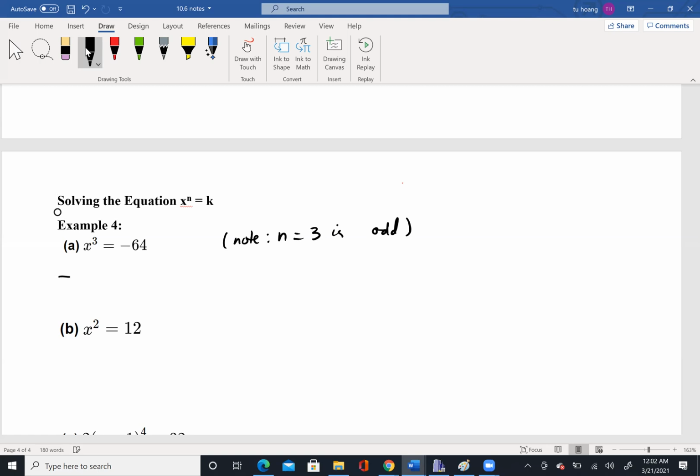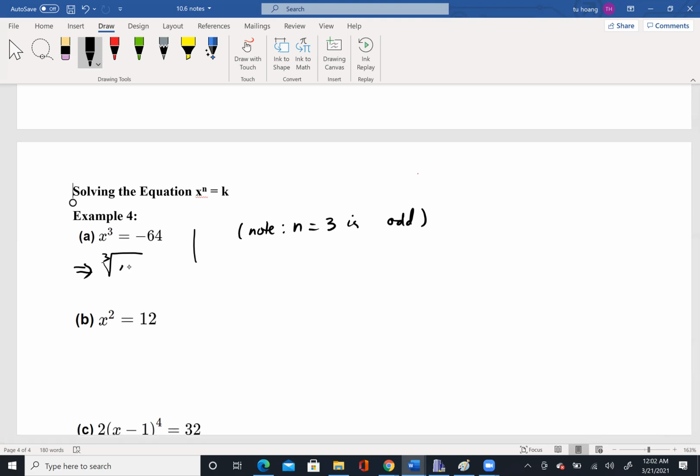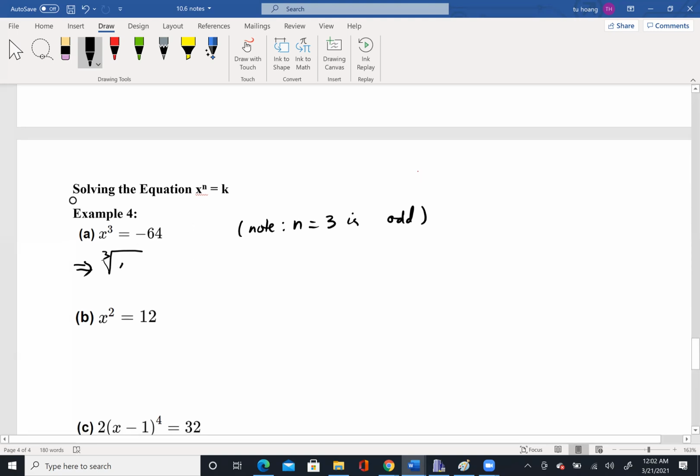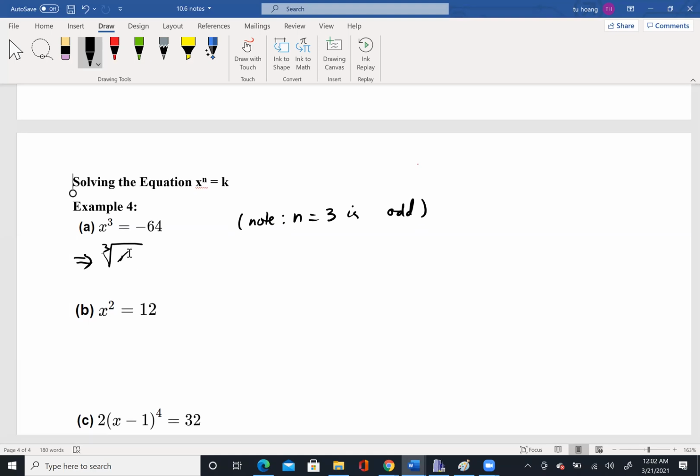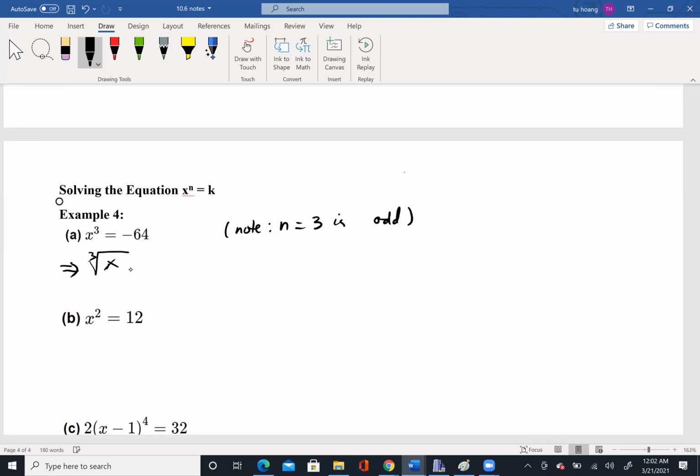So I'm going to right away have the cube root: x cubed equals the cube root of -64.